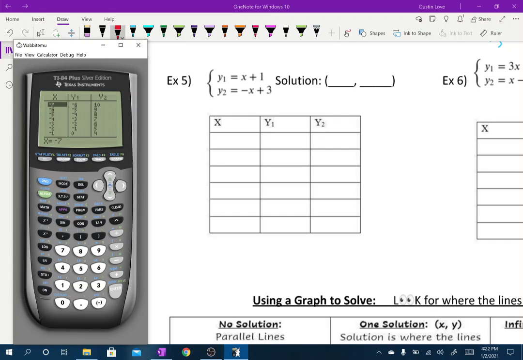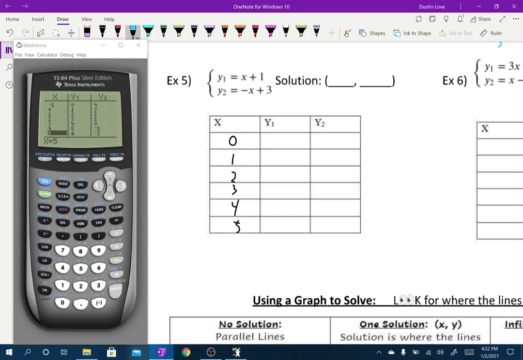Again, negative 6 and 10, negative 5 and 9, negative 4 and 8. Those don't look very close at all. Oh, right here I'm seeing 1 and then 2 and 2. So I'm going to use these values as I'm filling in my table. My x values, let's just go with 0, 1, 2, 3, 4, and then also 5.